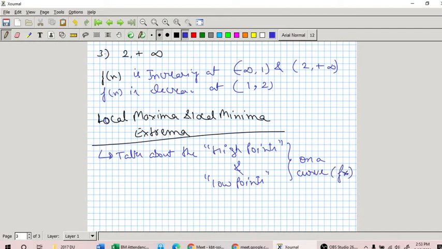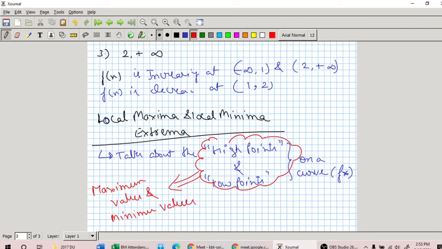We know that when we plot a function on a graph, it becomes a curve, and technically these points will be called maximum values and minimum values.